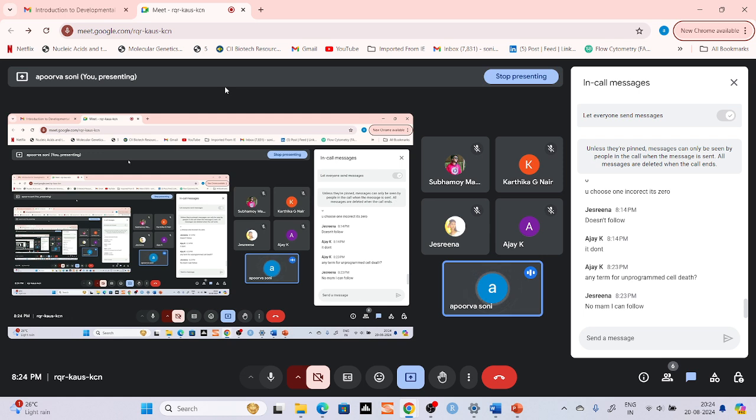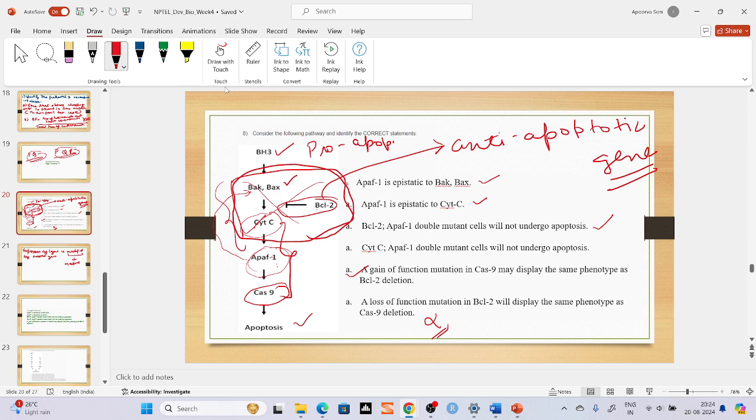Necrosis is basically observed in some kind of trauma or stress conditions. It happens and it causes degradation. You can go into detail and study necrosis, but unprogrammed cell death is necrosis.